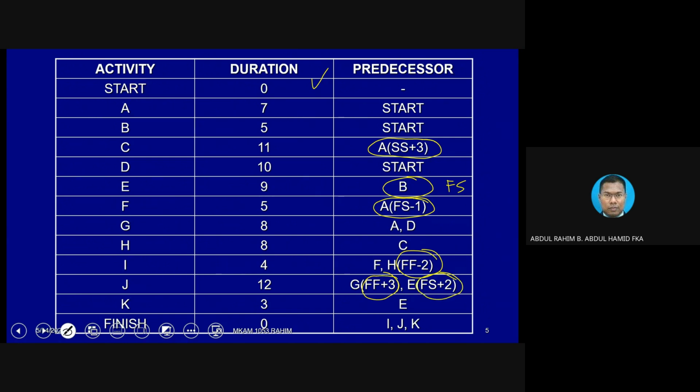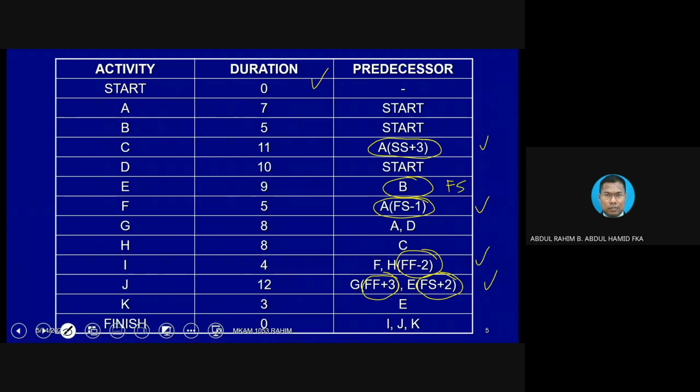The rest have a finish-to-start relationship, which we do not spell out here. It is automatically understood that the relationship means finish to start. If it is other than that, a lag or lead, then we indicate it like this. So when you read the diagram, you must understand what the relationship is supposed to be.